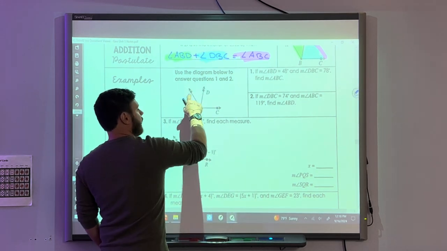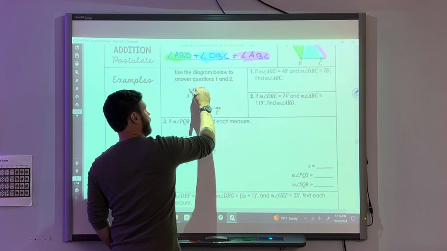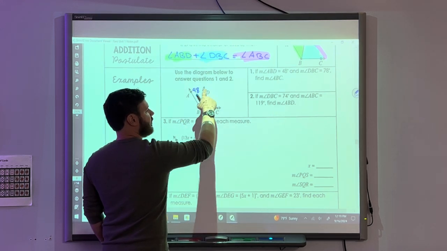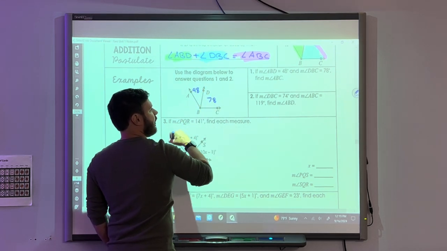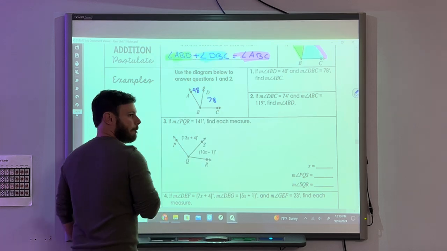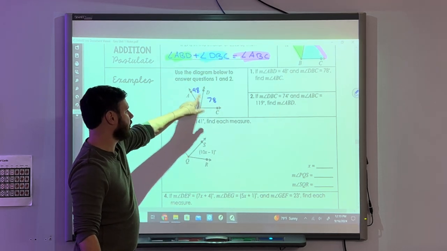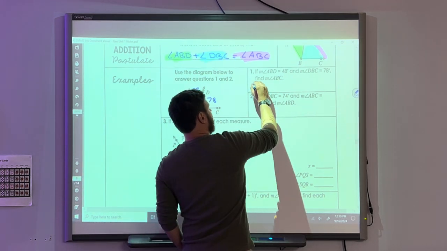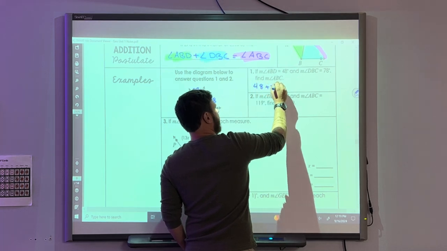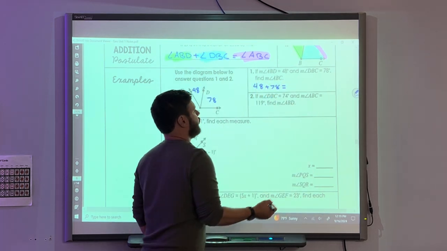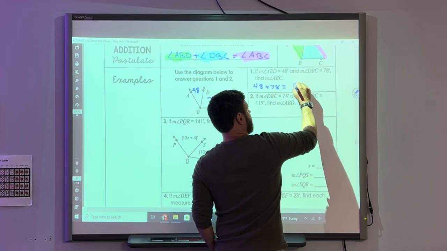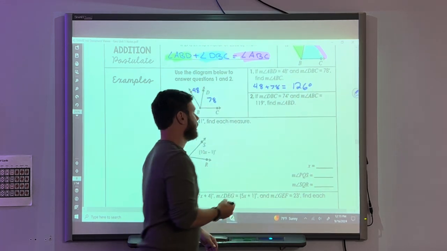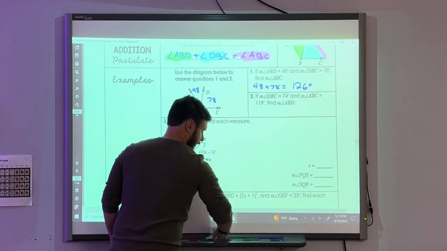Measure ABD is 48 and DBC is 78. How much is ABC? Okay, well, small piece plus small piece equals the whole thing. 48 plus 78 equals 126. And that's the answer. Right.